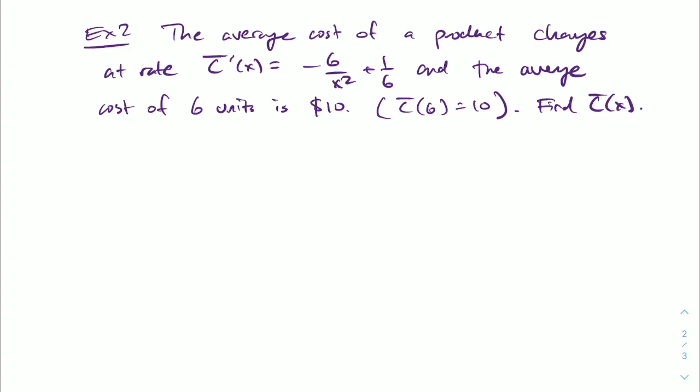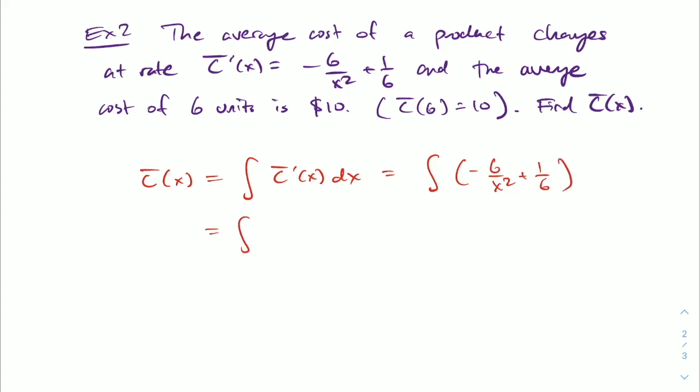The average cost is going to be the integral of the rate of change of the average cost. In other words, the average cost is the antiderivative of the derivative of the average cost. The antiderivative undoes the derivative. If we plug in our rate of change, we get the integral of negative 6 over x squared plus 1 over 6, or the integral of negative 6x to the negative 2 plus 1/6.